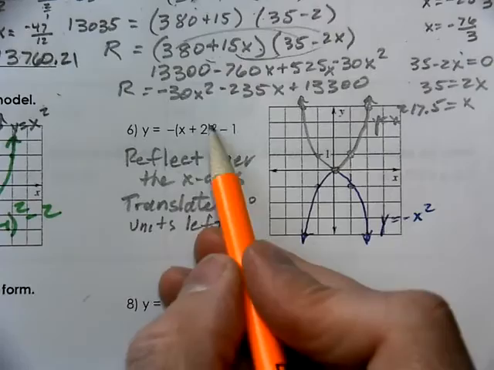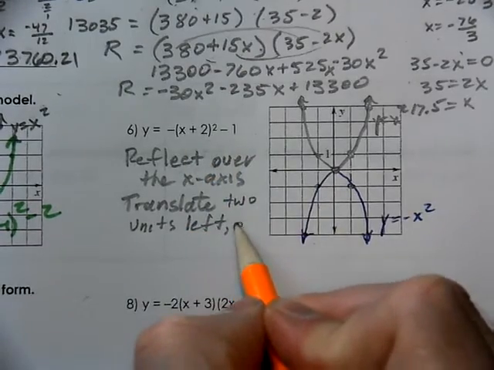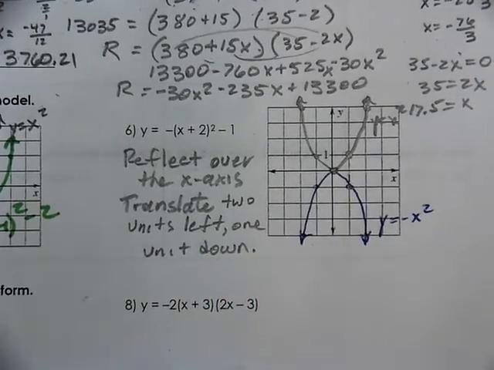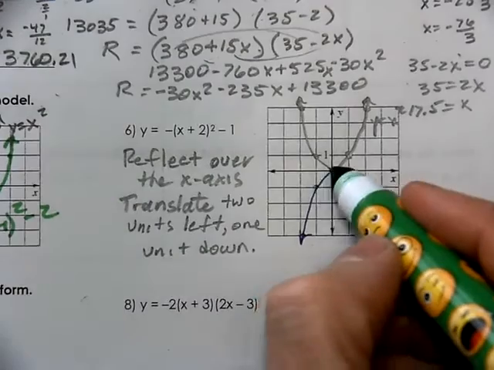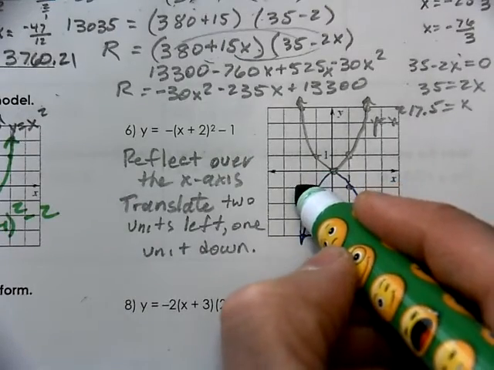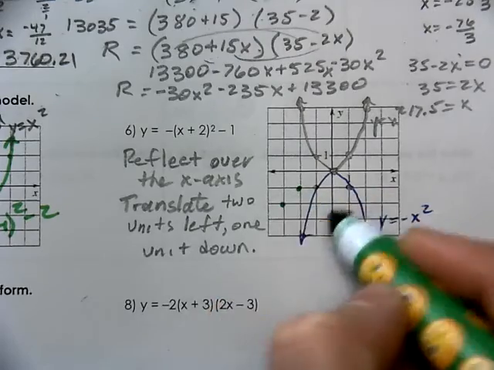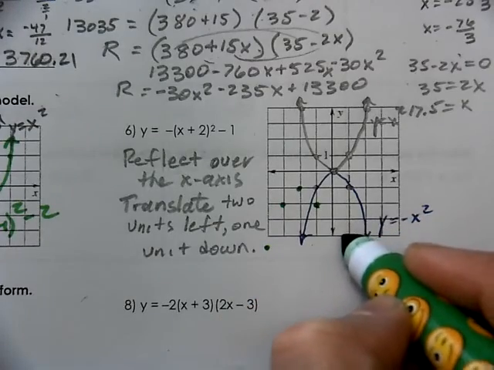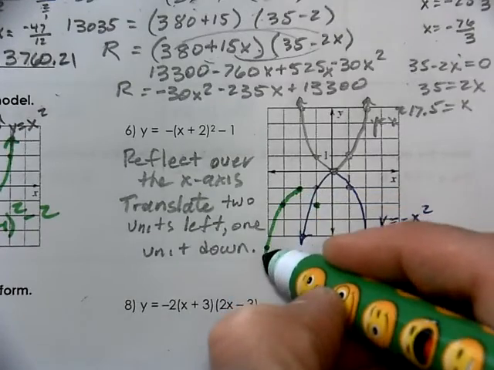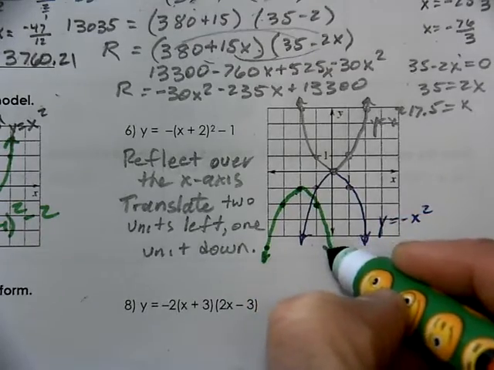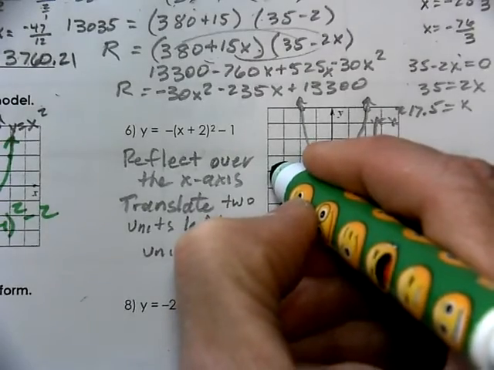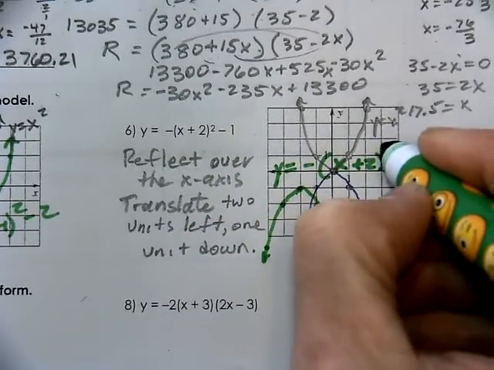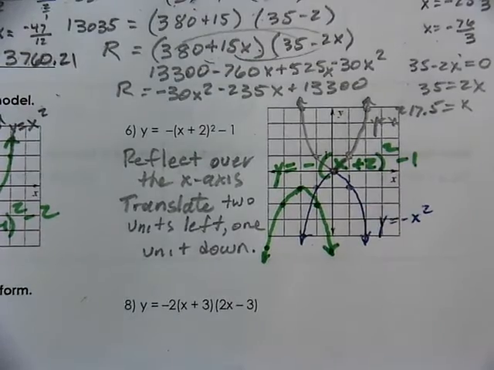It's left for sure because it's the opposite of what's inside the parentheses. 1 unit down. And our equation for that would be y equals negative x plus 2 squared minus 1.